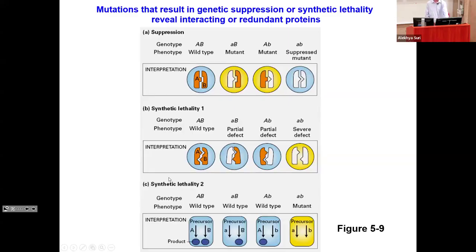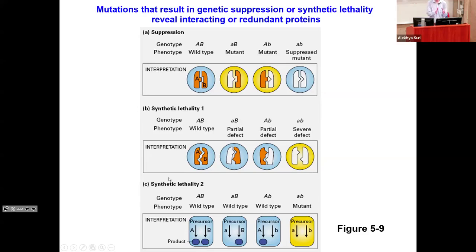Similar to what we see in the bottom row, if for example gene A is needed to make a certain product, and also gene B, if you delete either A or B, you would not see a major effect on, for example, cell growth, because the product would always be produced.